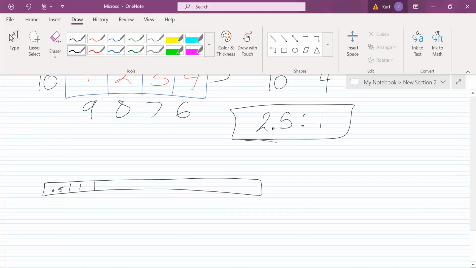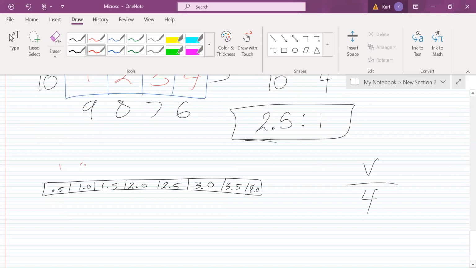0.5, 1.0, 1.5, 2.0, 2.5, 3.0, 3.5, 4.0. So the volume is going to be a 4.